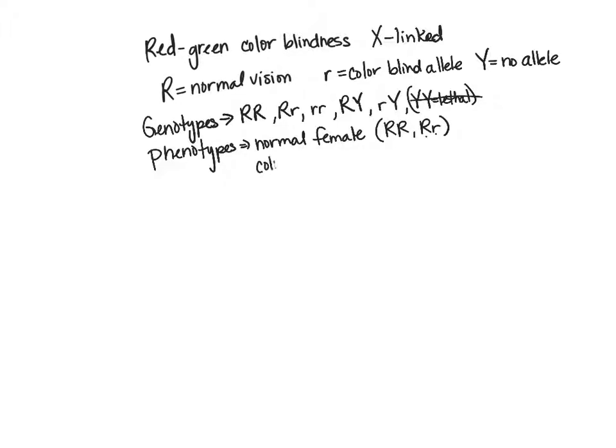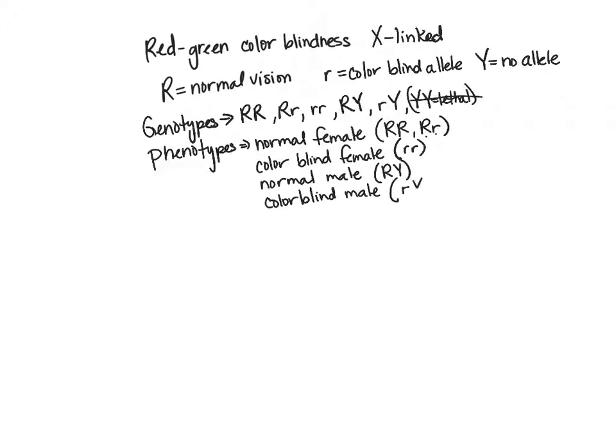We could have a colorblind female, red-green colorblind, and that would just be little r, little r. We could have a normal vision male, which would be big R, Y, and then the colorblind male, which would be little r, Y.